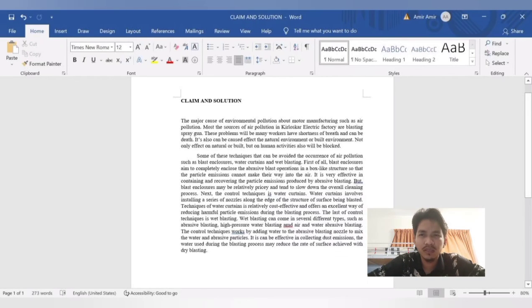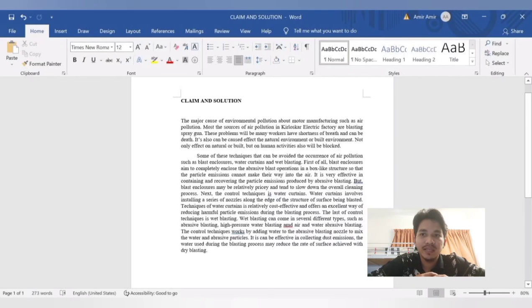Wet blasting can come in several different types, such as abrasive blasting, high pressure water blasting, and air and water abrasive blasting. This control technique works by adding water to the abrasive blasting nozzle to mix the water and abrasive particles.